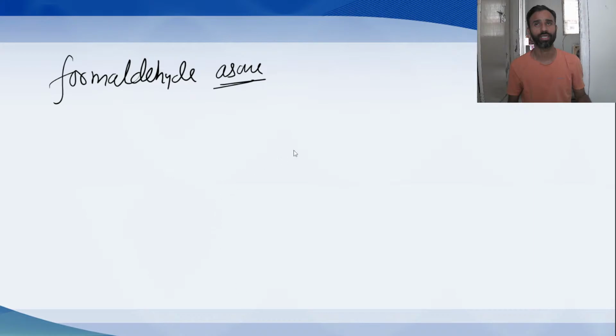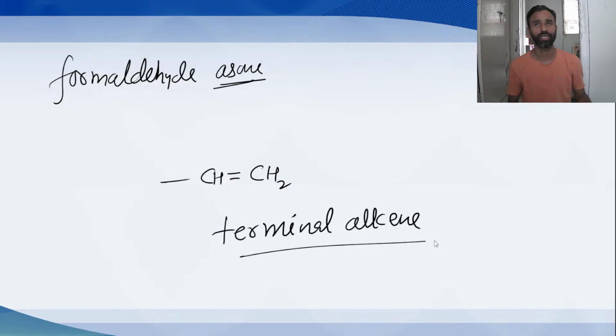Acha, it gives formaldehyde as one of the products. If formaldehyde is one of the products here, that means it is a terminal alkene. It confirms that it is the terminal alkene.